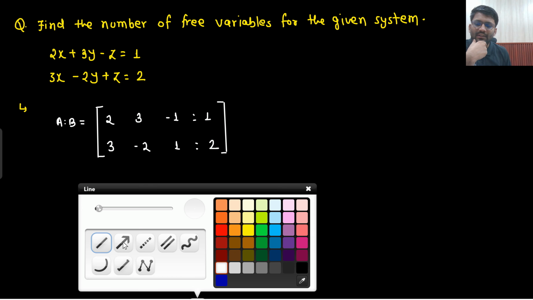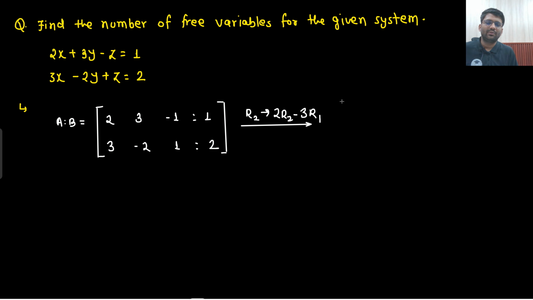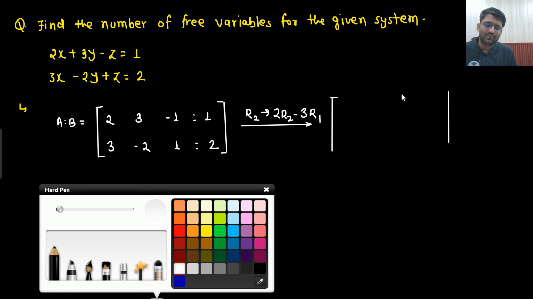So R2 will be replaced with 2 times R2 minus 3 times R1. Why am I doing so? Because 6 minus 6 will give me 0.